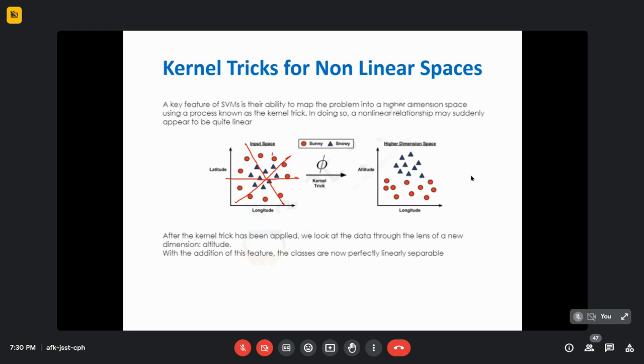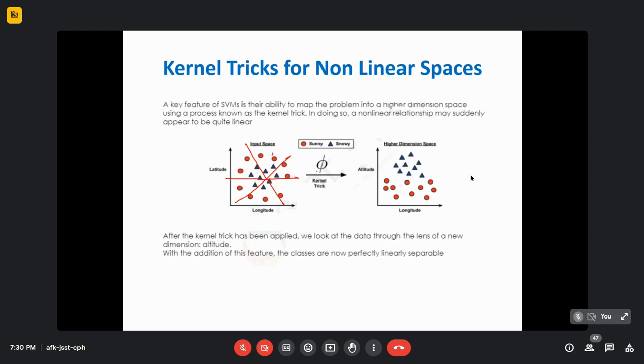So how will this non-linearly separable data be converted into linearly separable? That will be done through the kernel trick. So what will happen?